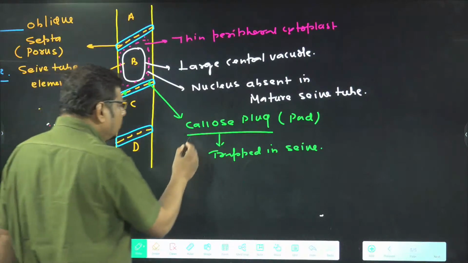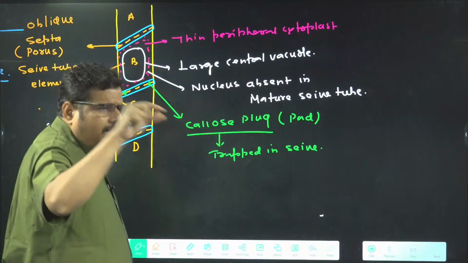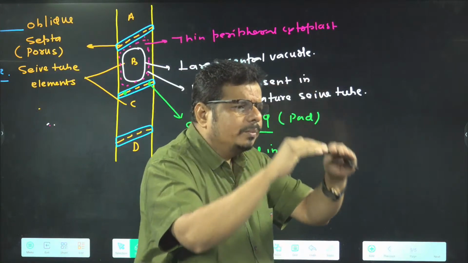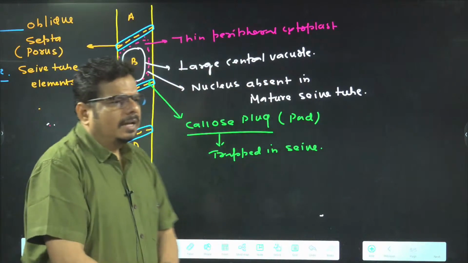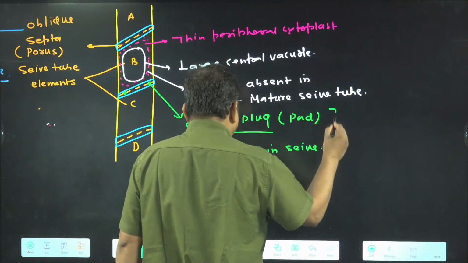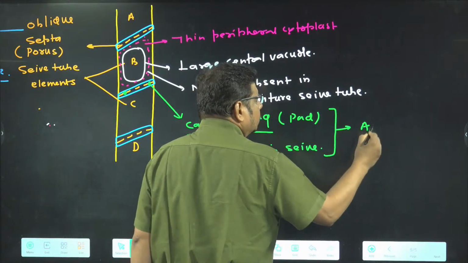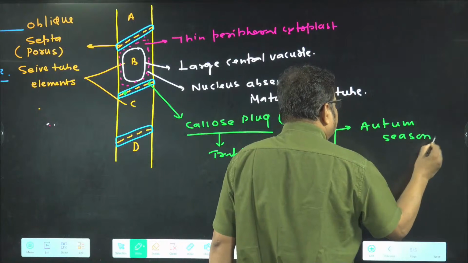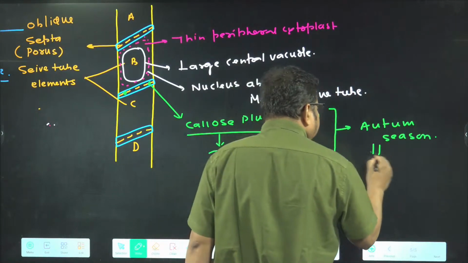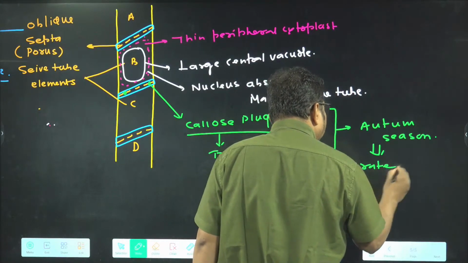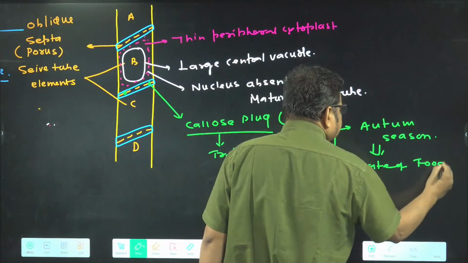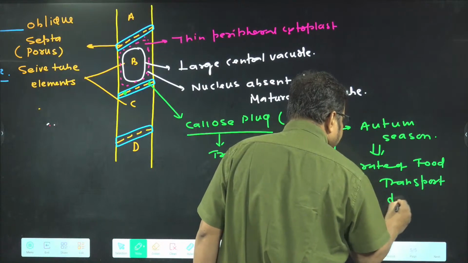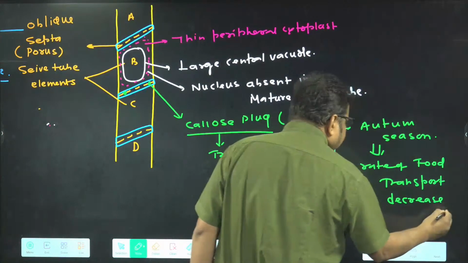So when these callose plugs came between the sieve, what happened? It is blocked and rate of transport becomes slowed down. And these callose plugs are present in which season? Autumn season. And what happened? Due to that reason, rate of food transport decreases. Is it clear in the mind or not?